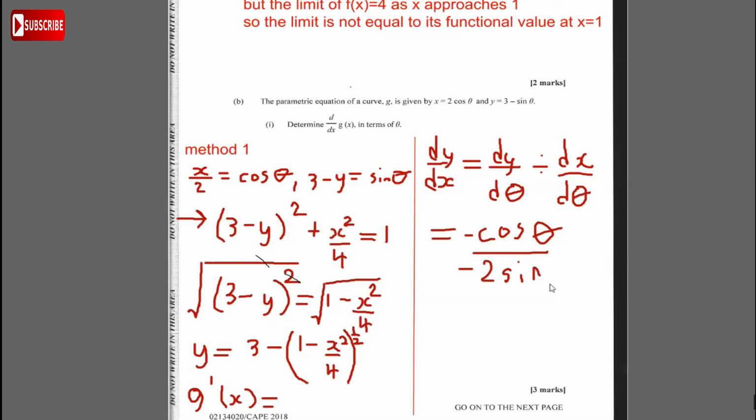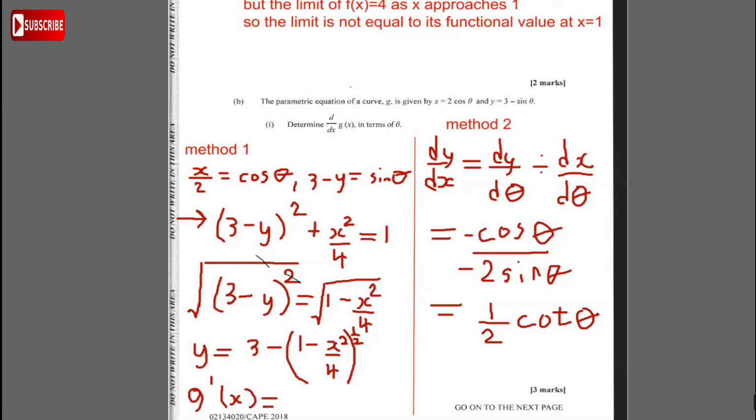And cos over sine is cot, and the minus cancels, and so you get a half cot theta. So this is the answer, half cot theta. This is method 2. But what I want to show you is that from right here, we're going to get the same answer.